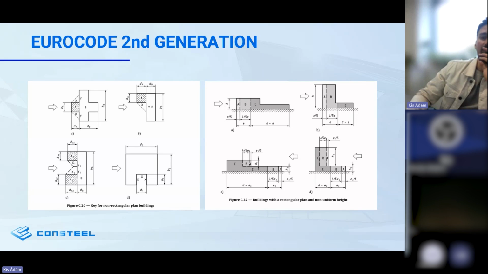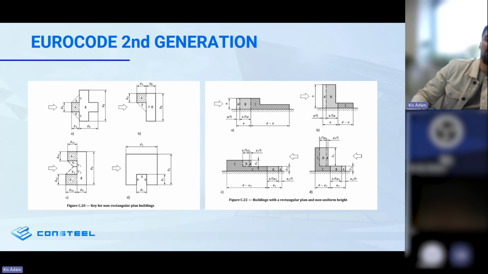But while the revised Eurocode offers more sophisticated solutions, for example, the approach on the left for non-rectangular planar buildings, or the one on the right for non-uniform height buildings, many questions still remain unanswered.